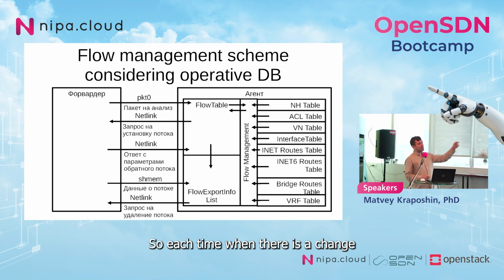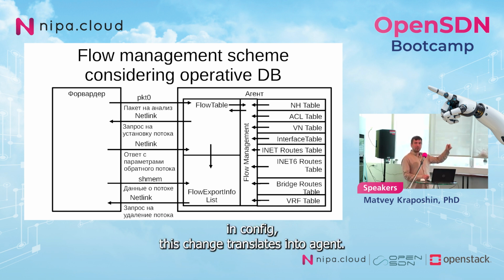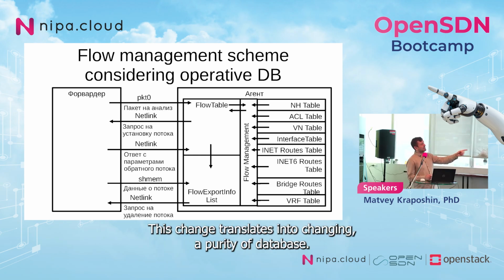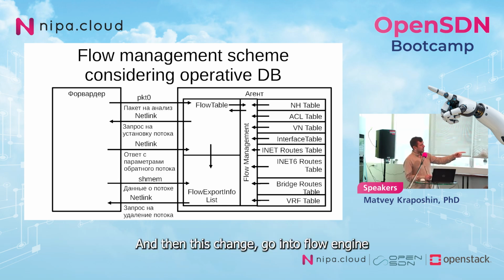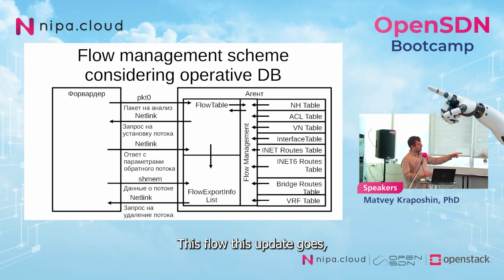So each time when there is a change in config, this change translates into agent. This change translates into change in operative database, and then this change goes into flow engine, and via flow engine, this update goes inside the router forwarder.